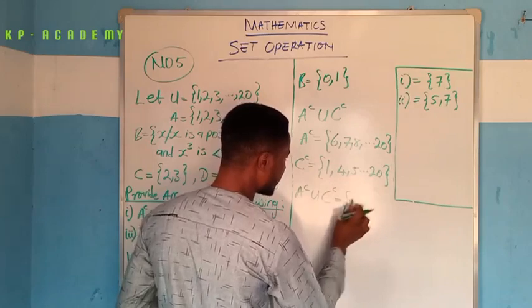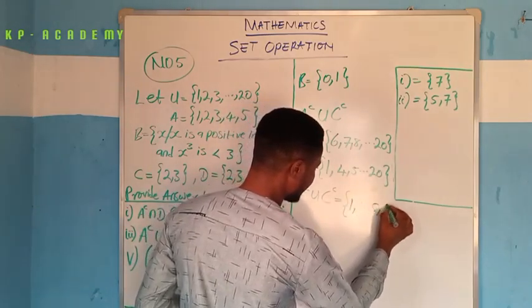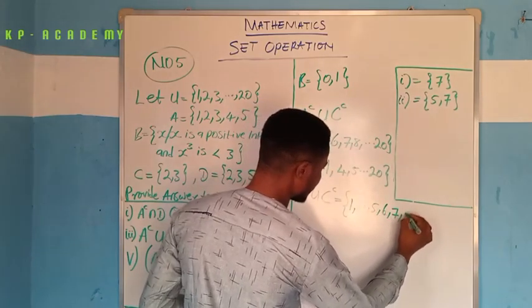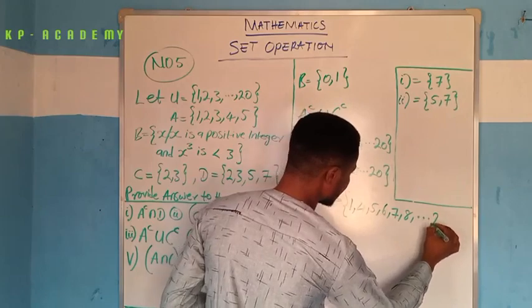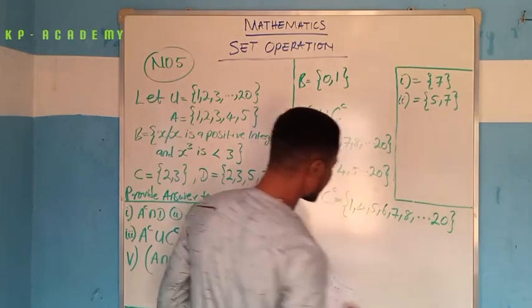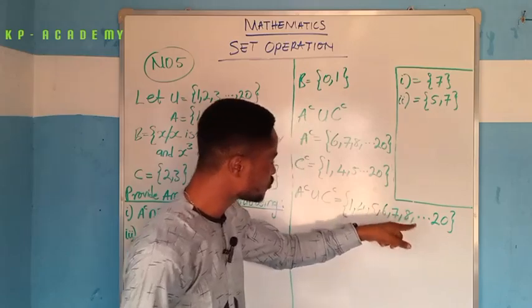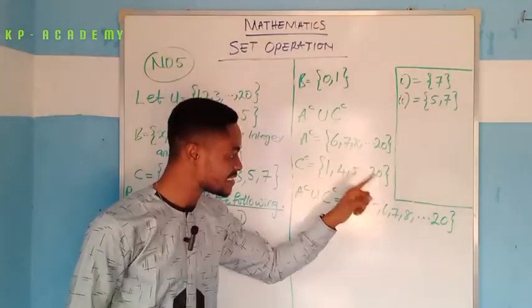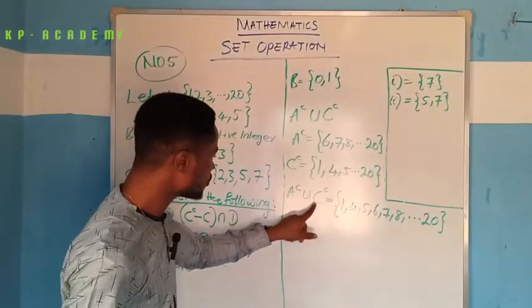So from 1, I will now have 4, 5, 6, 7, 8, down to 20. All right, so this is actually 1, 4, 5, 6, 7, 8, 9, 10, 11, 12, 13, 14, 15, 16, 17, 18, 19, 20. So in this case, we've gotten A complement union C complement.